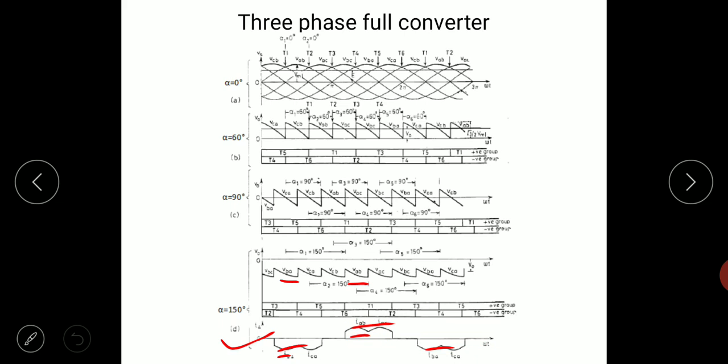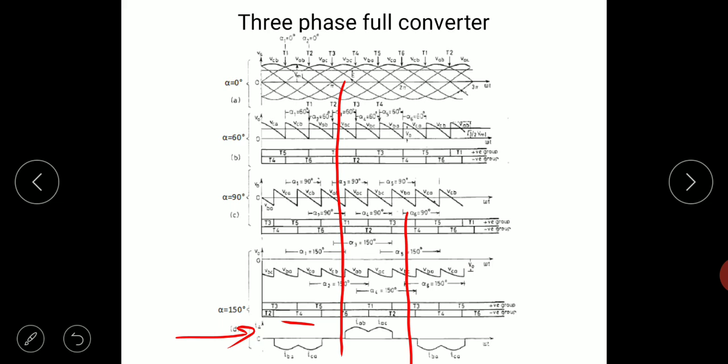So if we consider one line current, then this is 180 degree, and this is the next 180 degree. Out of 180 degree, we get current I naught for a duration of 120 degree.